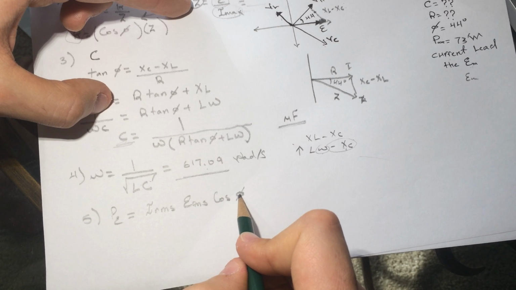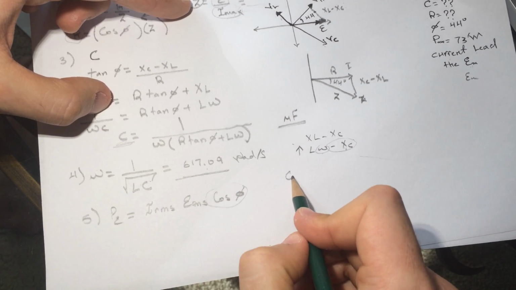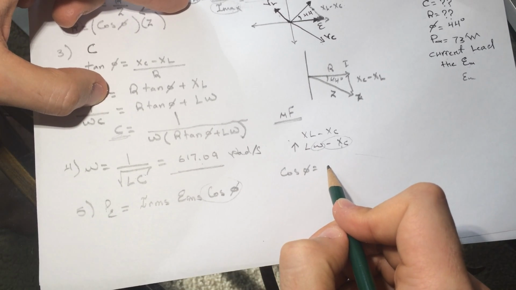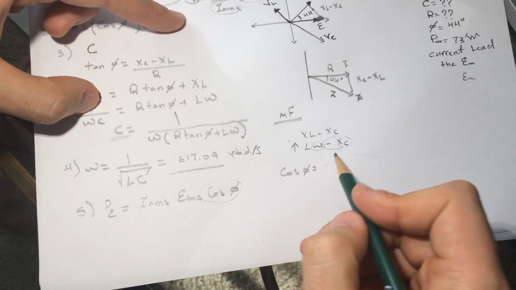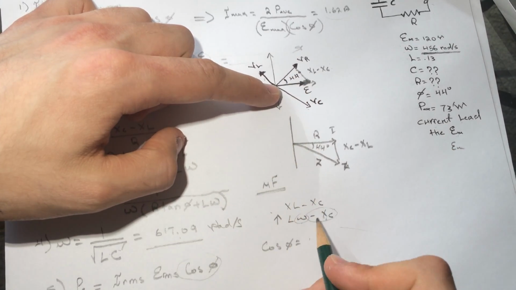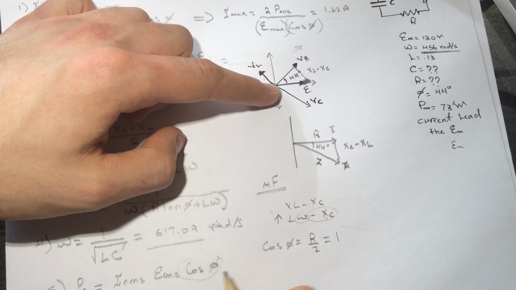So when it's at resonance, this cosine is going to be, the Z will be equal to R. So R over Z, which is 1.